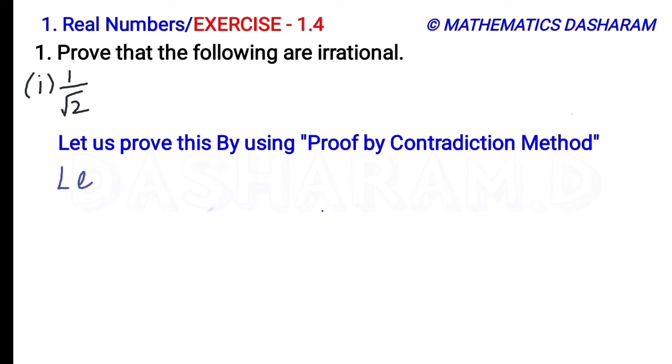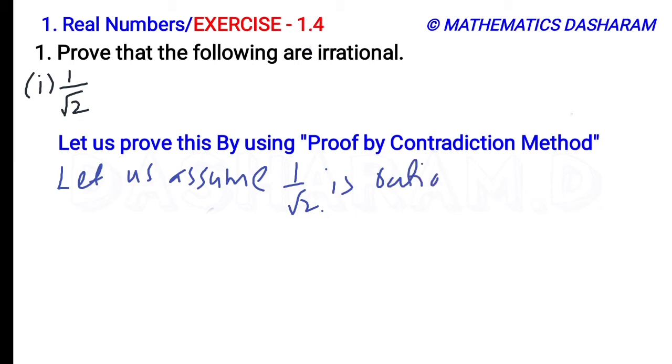In this method, first we have to assume the given irrational number is a rational number. So let us assume 1 by root 2 is a rational number.